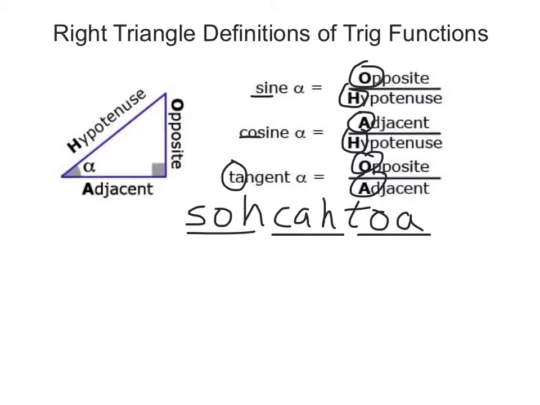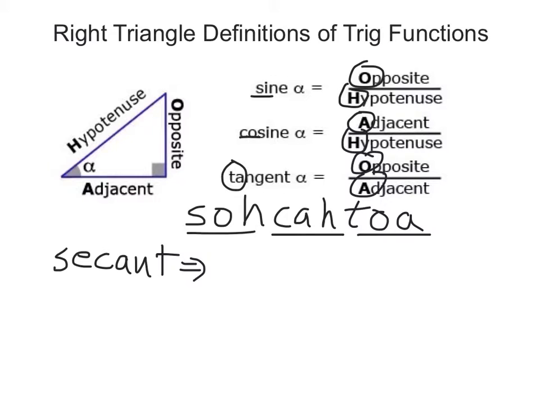Now, in trig and in calculus, we use three other functions as well, and they can be defined in terms of the right triangle. The first one we'll define is the secant. Now I'll write the notation.